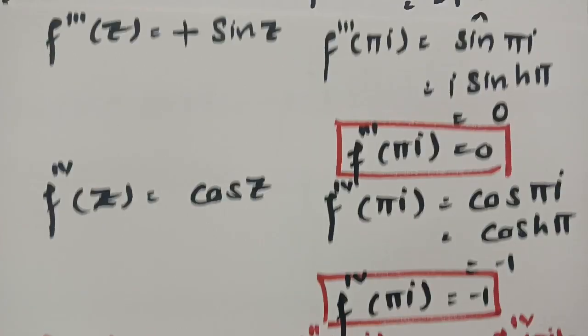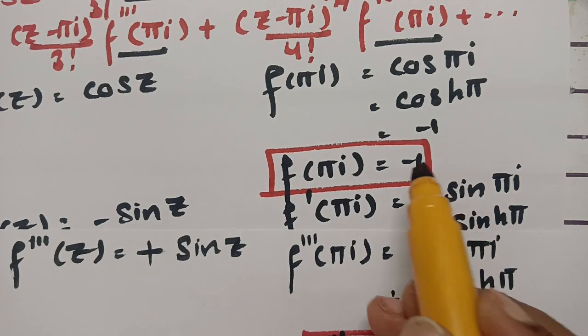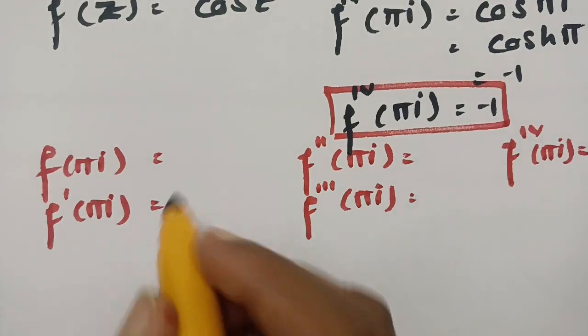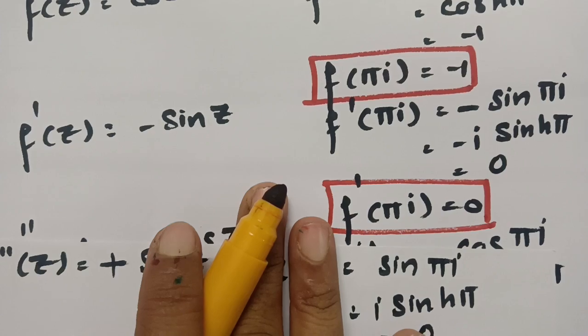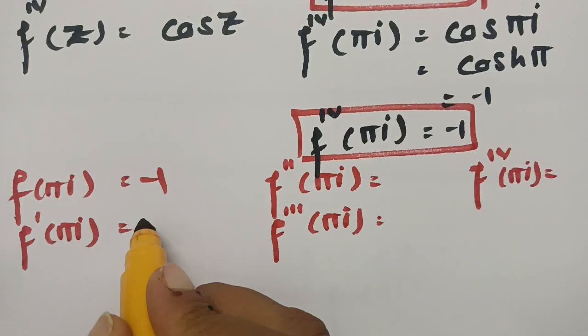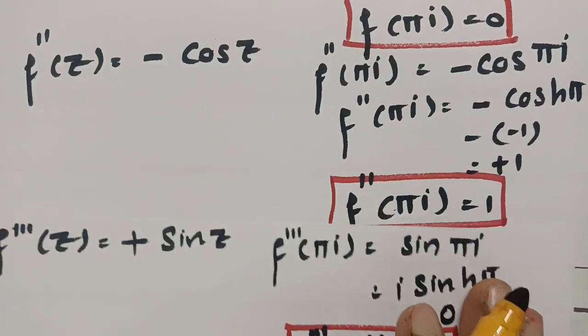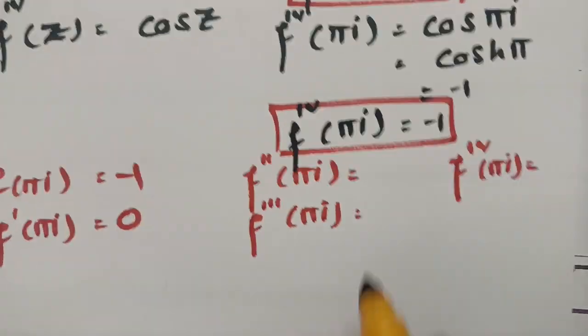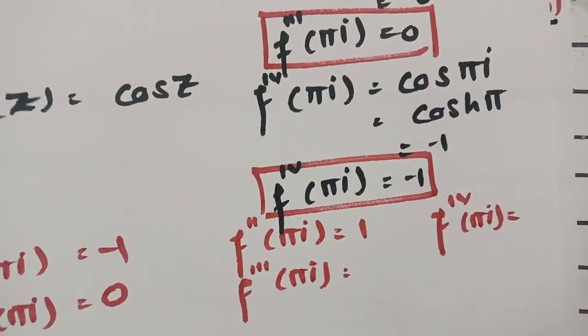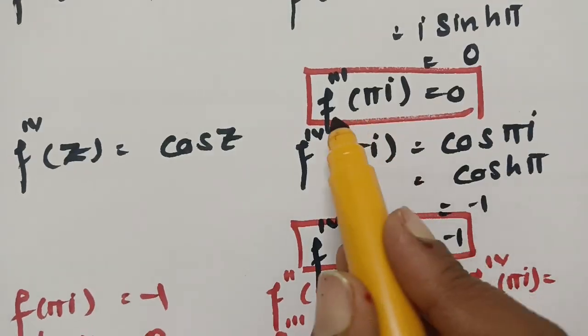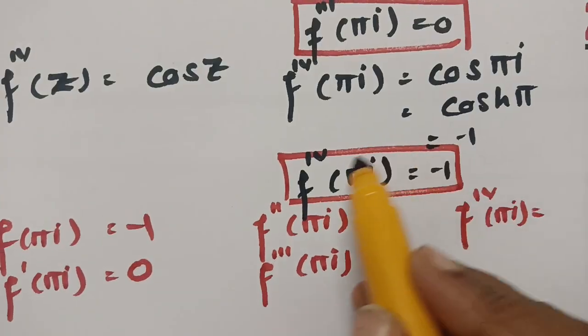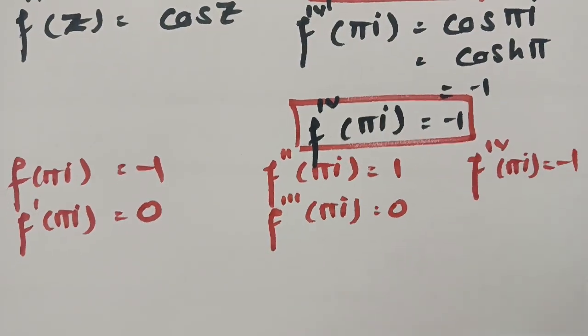What is f of πi? The value of f of πi is equal to minus 1, and f dash of πi is equal to 0. f double dash of πi is equal to 1, and next, f triple dash of πi is equal to 0. The fourth derivative of πi is minus 1.